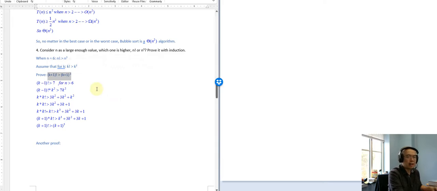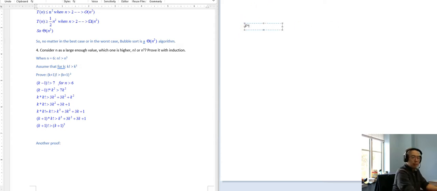One of the analogies I used is, say we have two persons, and we want to prove that person A is fatter than person B. So I have person 1 and person 2, and I want to prove that person 1 is heavier than person 2.